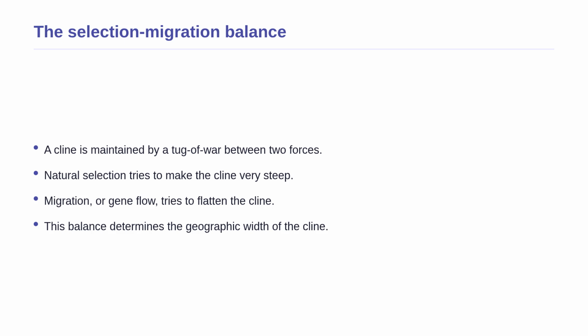Natural selection tries to make the cline very steep by perfectly adapting local populations to their specific environments. On the other hand, migration tries to flatten the cline by mixing genes across the landscape. The ultimate width of the cline depends entirely on which of these two forces is pulling harder.